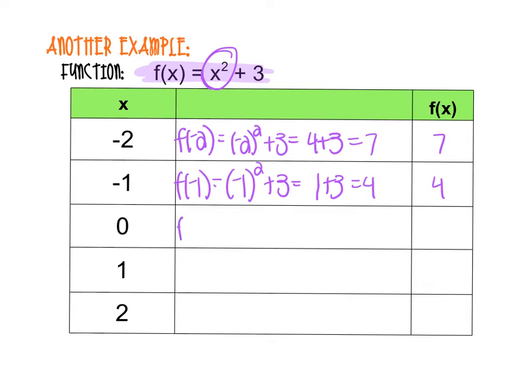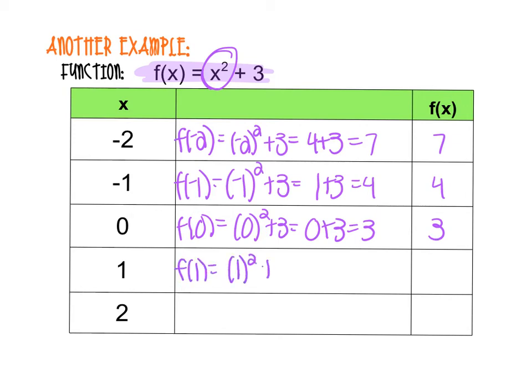Then I do the same thing with 0, making sure to put parentheses around it. 0 squared was 0, and then 0 plus 3 equals 3. Again with the 1, making sure to put parentheses around it. 1 squared is 1, and 1 plus 3 is 4.